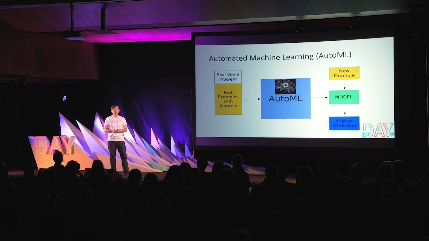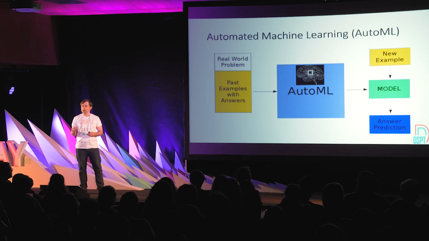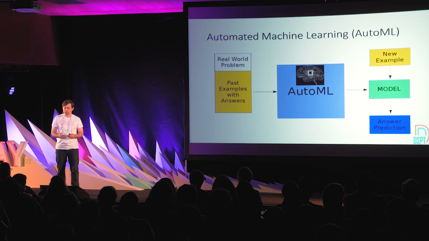That you can use to have a prediction, a guess on new data. Taking a look at the picture, you see the green model on the output of the autoML. So it's just a matter of inputting new data to the model and getting the reward, the prediction, right?